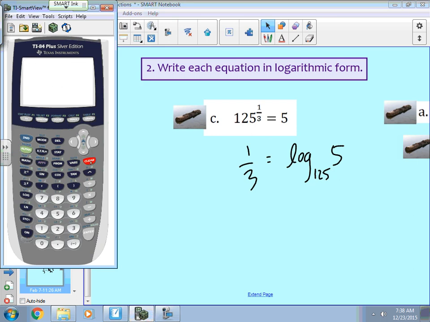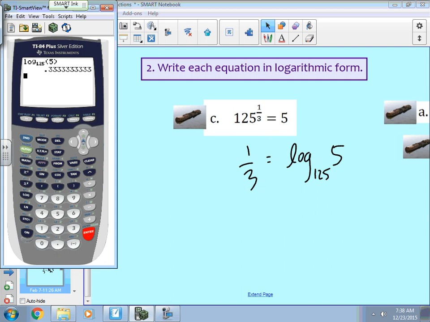The way you can do these on your calculator is if you go to your math menu and you go all the way down, you should have one that says log base. You can then type in and see if in fact this is correct or not. So if we type in base and our base on this one happened to be 125, then hit your over key and it'll jump up to this parentheses, hit 5. If we did this one correct and we hit enter, it should give us 1/3.